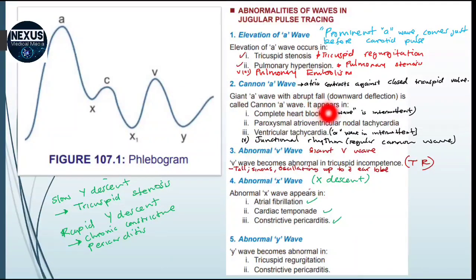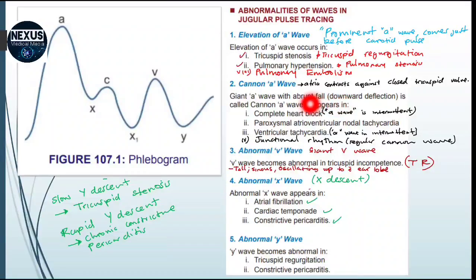So this cannon A wave occurs because the atria will contract against the closed tricuspid valve. Atrial contraction against the closed tricuspid valve, right?